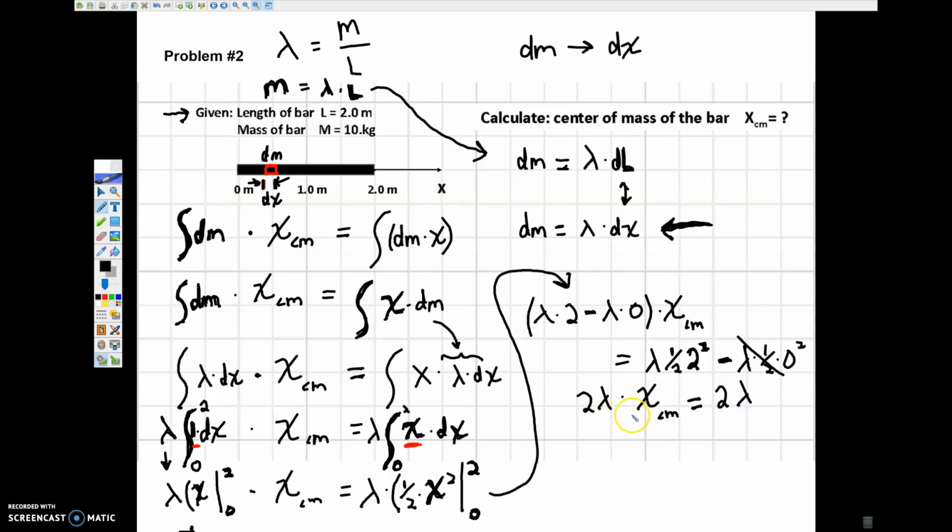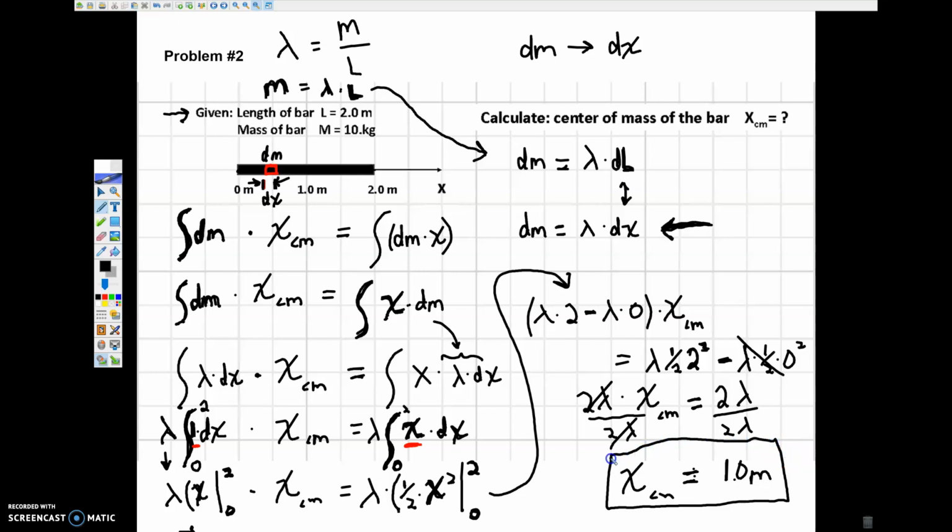And then if I divide both sides by 2 lambda, the 2 lambdas cross out, and I get the center of mass is equal to 1 meter, which I knew all along it was going to be right here in the center of the bar. It's a uniformly dense bar going from 0 to 2. Where's the center of mass? Right in the middle. But we wanted to practice using our calculus integral here. There you have it.